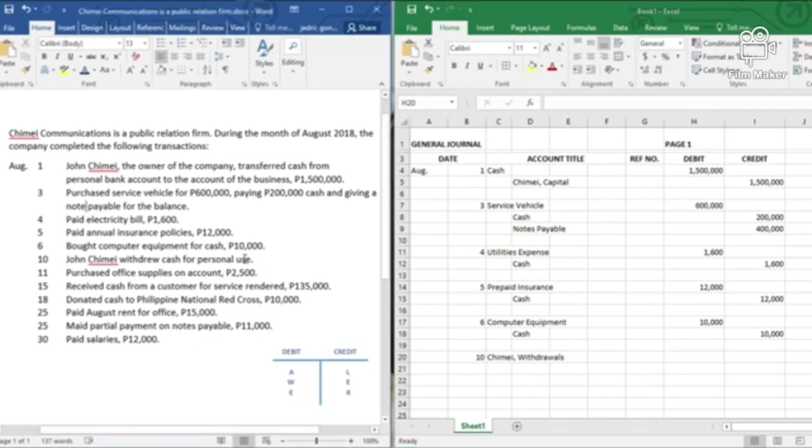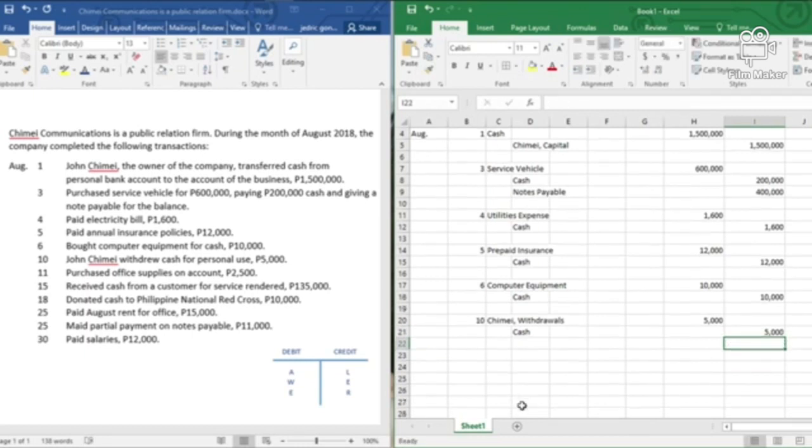Oh, let's try to write here. 5,000. Okay, so si Chimmy nag-withdraw ng 5,000 here. Again, dahil naglabas ng pera ang company, your credit will be cash. 5,000.